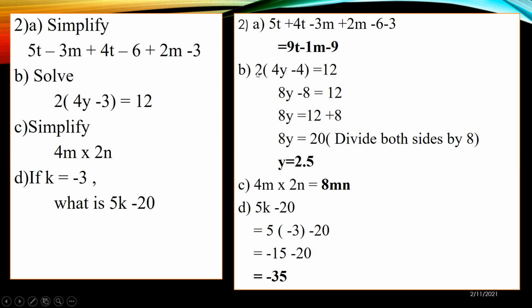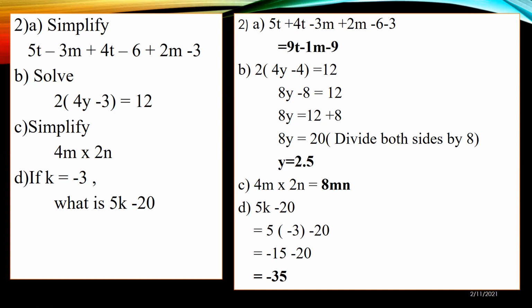In the B part, your first step, you have to expand this bracket. So 2 times 4y, you will get 8y. Then 4 times 2, you will get 8. Positive into negative, you will get -8 equals 20. Now this is a simple equation. We know the equation rules.